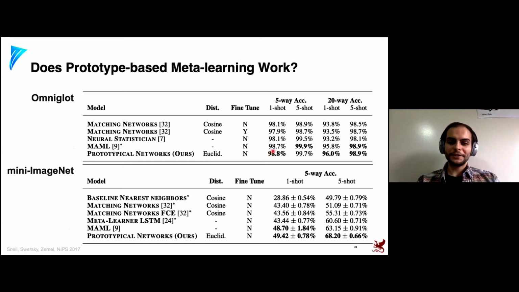And surprisingly, even though matching networks and the neural statistician methods all use some sort of adaptation rules that are more complex, and MAML used this gradient-based adaptation rule, prototypical networks literally use this embedding function and a fully non-parametric approach, and they outperformed all these previous methods. They're super competitive with MAML on both of these benchmark datasets, Omniglot and Mini-ImageNet.